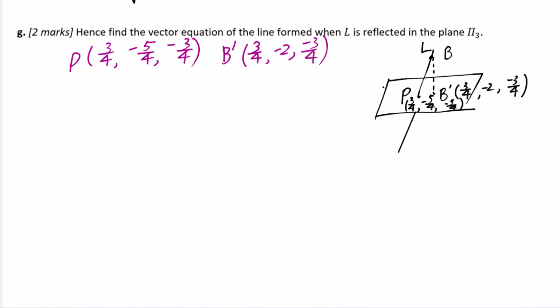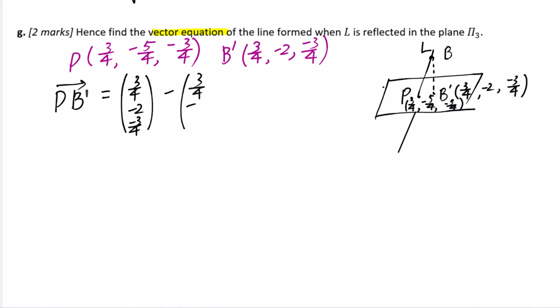We are looking for the vector equation. So we need to figure out the vector PB prime equals ending minus starting: (3 over 4, -2, -3 over 4) minus (3 over 4, -5 over 4, -3 over 4).